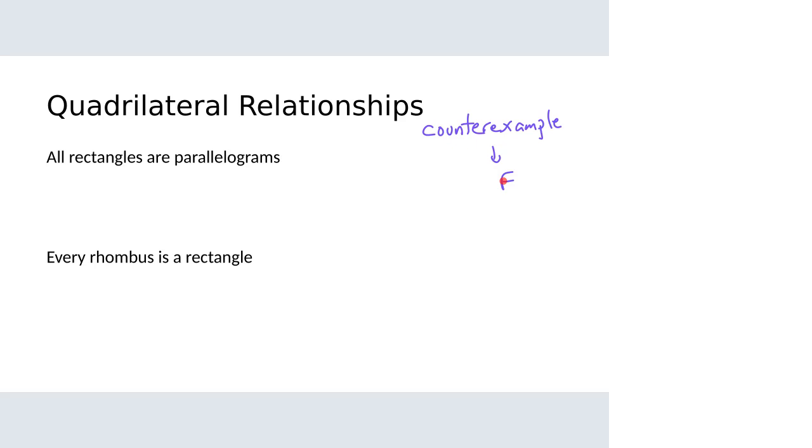And so here, all rectangles are parallelograms. Well, I'm going to draw some pictures here and see, all right, can I draw a rectangle that's not a parallelogram? So there's a rectangle. I have to know what a parallelogram means. Parallelogram means two pairs of opposite sides are parallel. Yeah, that's a parallelogram. Okay, well, what if I draw my rectangle this way?